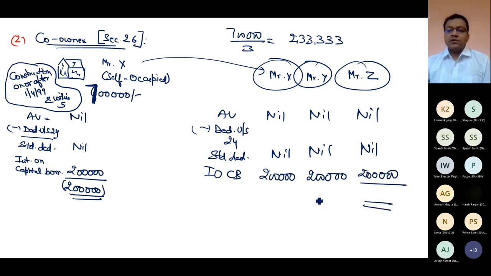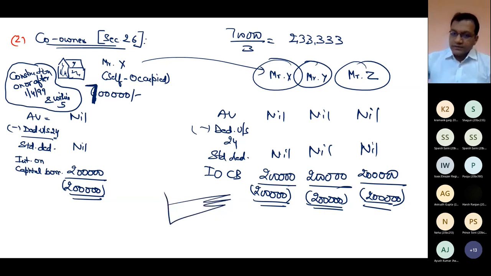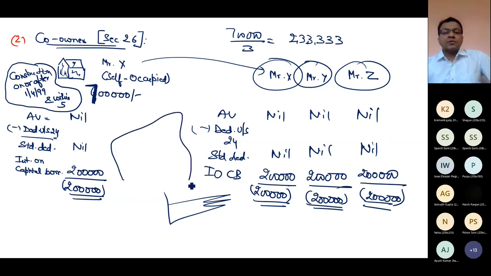When you are the one owner, only 2 lakh was allowed to you as deduction. Now still 2 lakh is allowed as deduction, but since there are 3 equal owners, each person can claim 2 lakh rupees. So this is the benefit in co-ownership. It is my advice, you can ask your parents also.